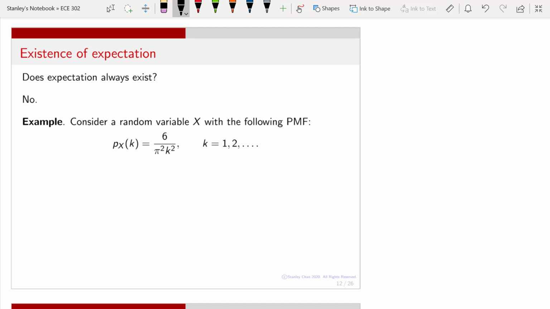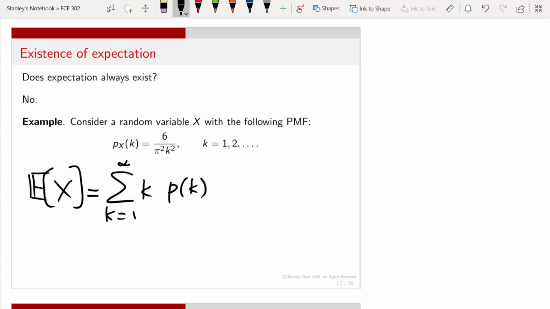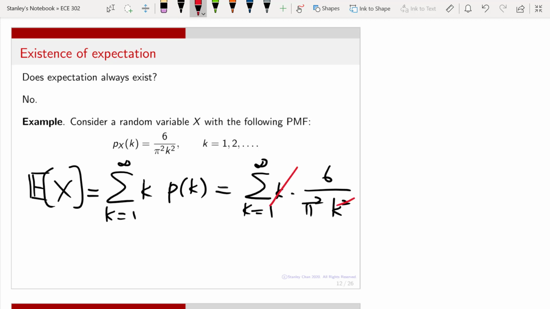Now, what is interesting is that if you try to calculate the expectation of this random variable, which is k times p of k, where k goes from 1 to infinity, this is the same as the summation, k going from 1 to infinity, of k times 6 divided by pi square k square. Now clearly this k and this square will cancel, and so you will have the summation over k equals 1 to infinity of 6 divided by pi square times k.